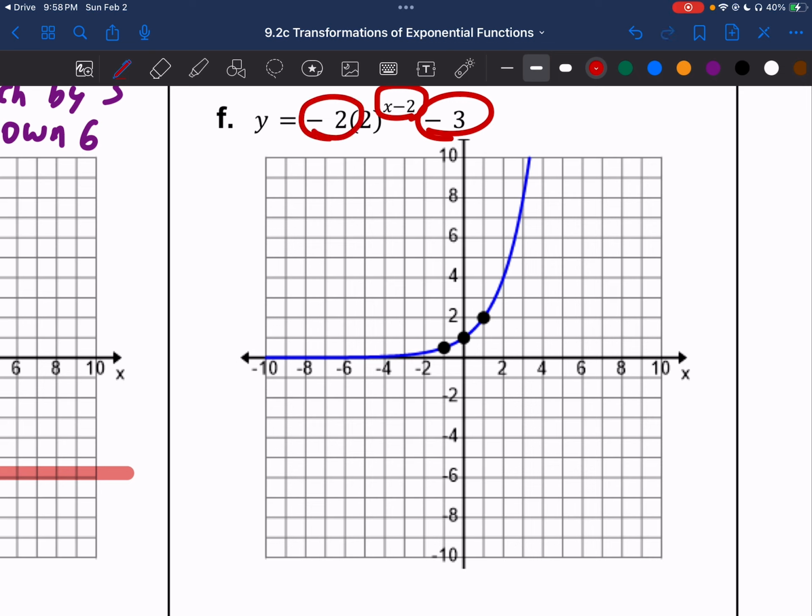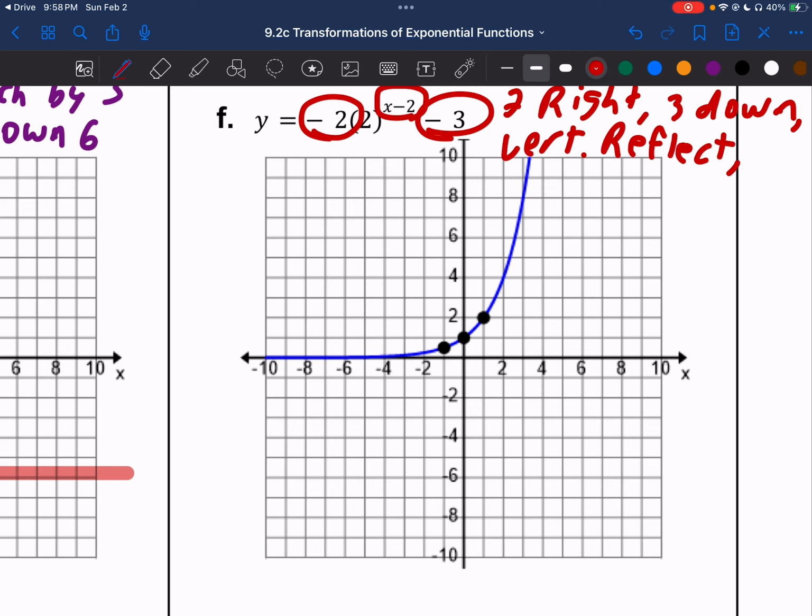We're going 2 right, we're going 3 down, we're going vertical reflection, and we have a stretch by 2. So we've thrown everything into this problem.